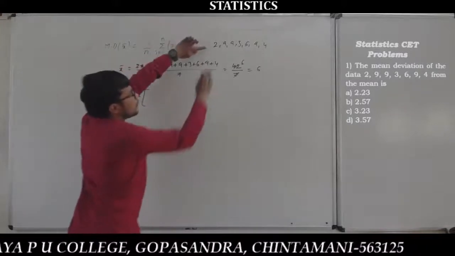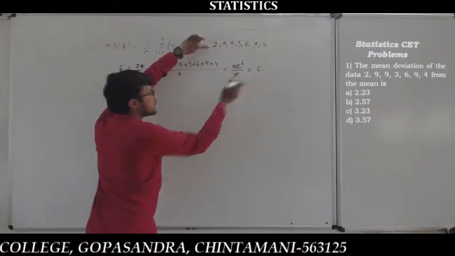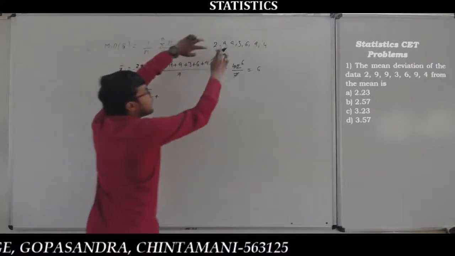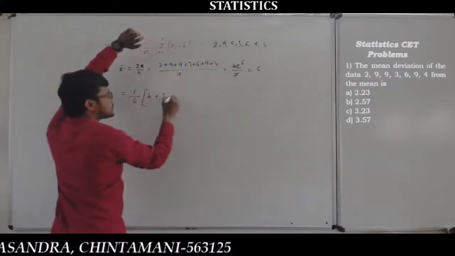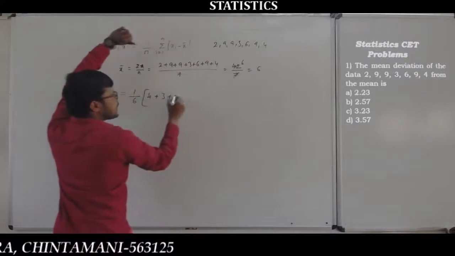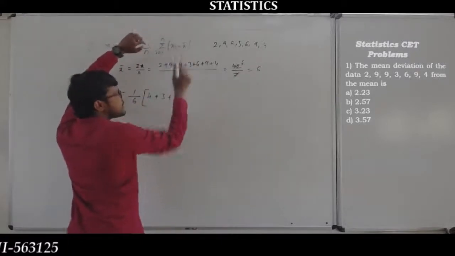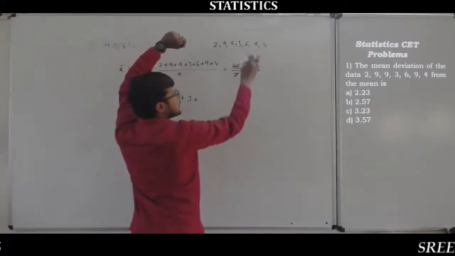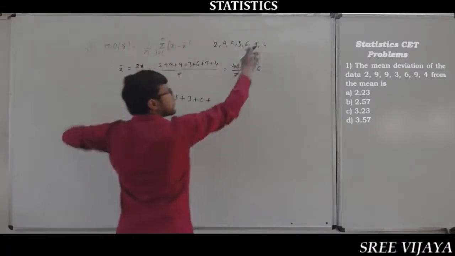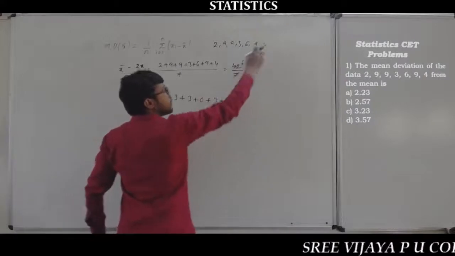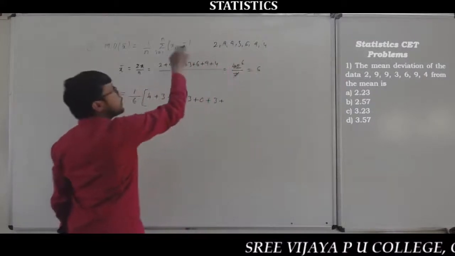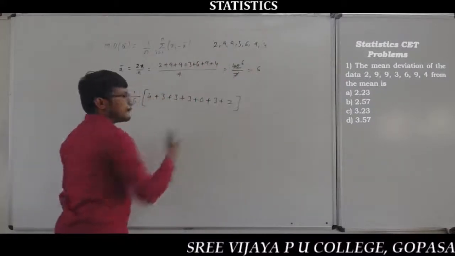For the first, 2 minus 6 is minus 4, that becomes plus 4. 9 minus 6 is 3. Again 9 minus 6 is 3. 3 minus 6 is minus 3, but modulus makes it plus 3. 6 minus 6 is 0. 9 minus 6 is 3. 4 minus 6 is minus 2, but modulus gives plus 2.